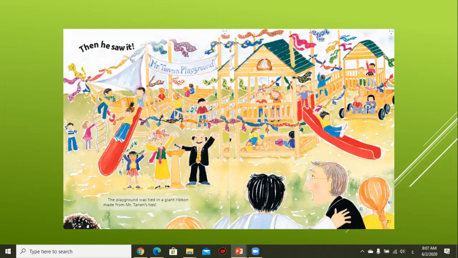So it's time for the kids to play in the playground. They were happy; from the picture, you can see that everybody was happy. The playground was tied in a giant ribbon made from Mr. Tannen's ties. The whole town took all the ties from Mr. Tannen and made a big ribbon to say thank you to Mr. Tannen.